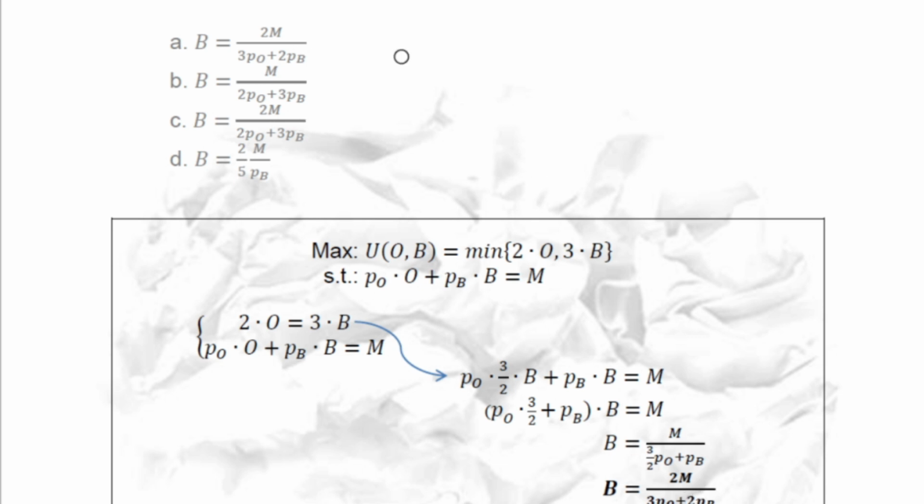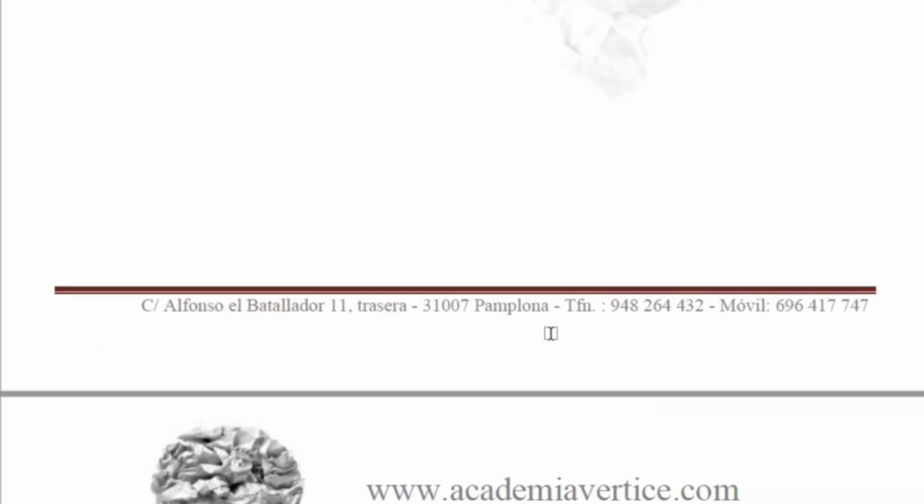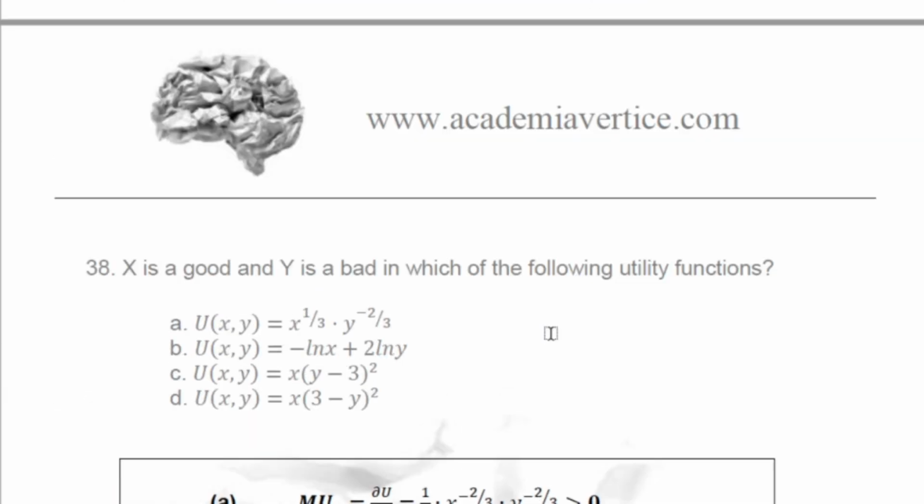No, sorry, it's A, yeah, it's A. Okay, now 38th. X is a good and Y is a bad in which of the following utility functions? X here is a good because it has positive exponent.